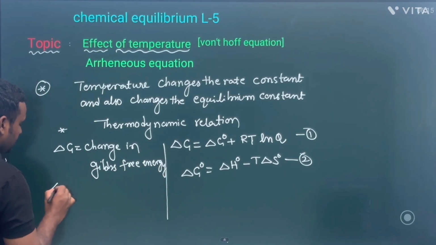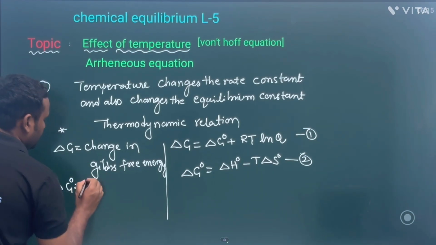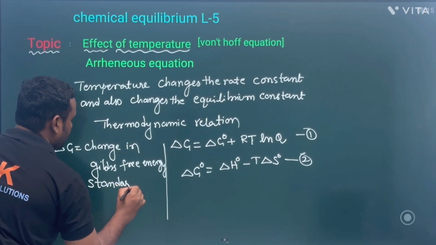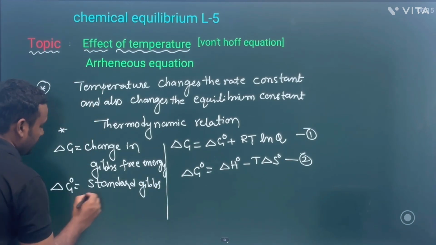Delta G naught is the standard Gibbs free energy change.